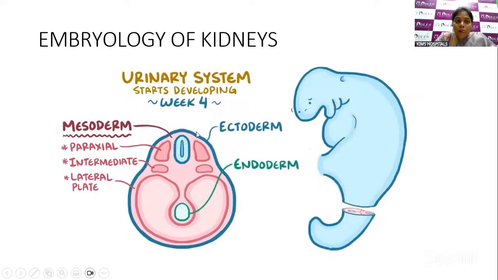The urinary system develops as early as the 4th week of intrauterine life. The embryo is divided into mesoderm, ectoderm, and endoderm. The mesoderm is in turn divided into paraxial mesoderm, intermediate mesoderm, and lateral plate mesoderm.